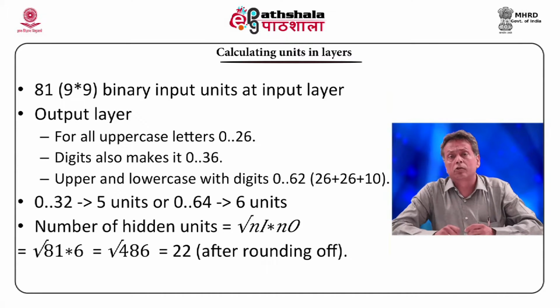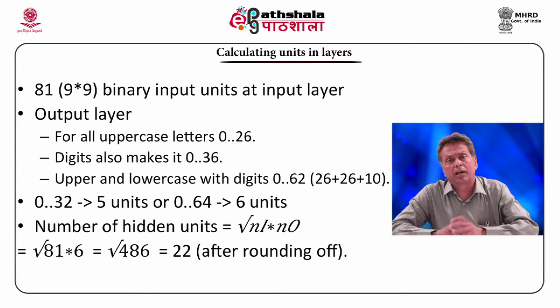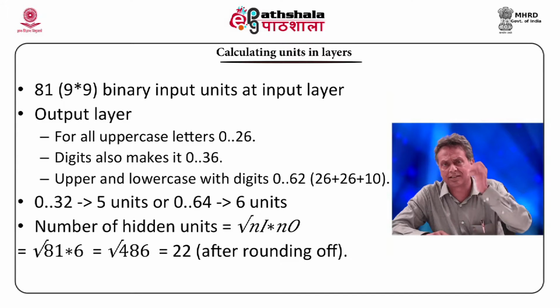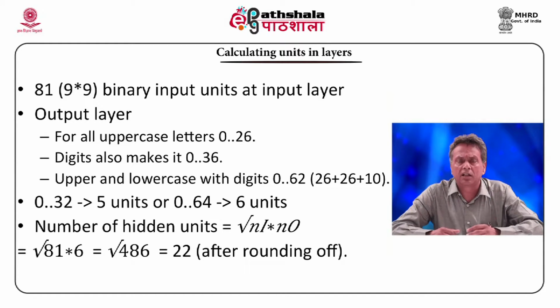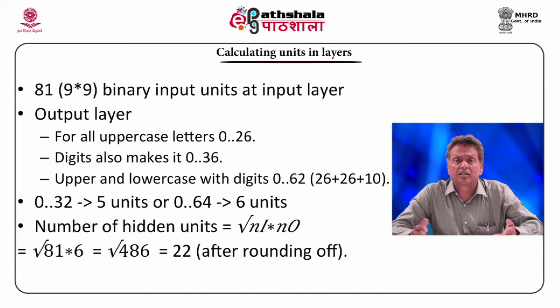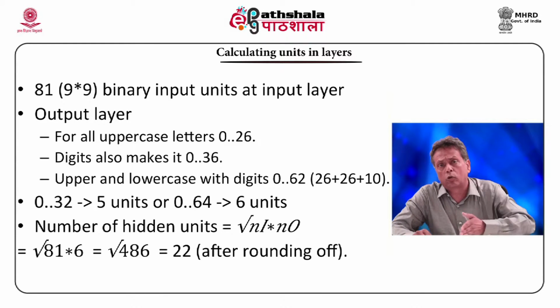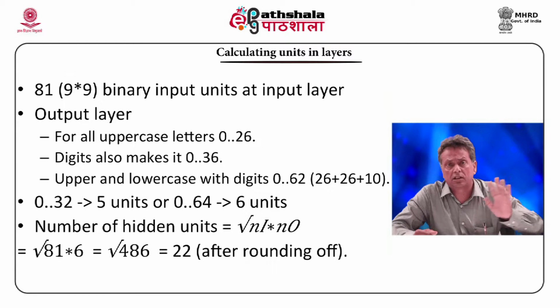How many output units do I need? In fact, there are many ways of doing it. One very simple method is to use the normal way of using binary neurons as a single digit. If you do that, for 30 less than 32, 5 units are good. So, 2 raised to 5, you can have a total of 32 combinations, which is good.